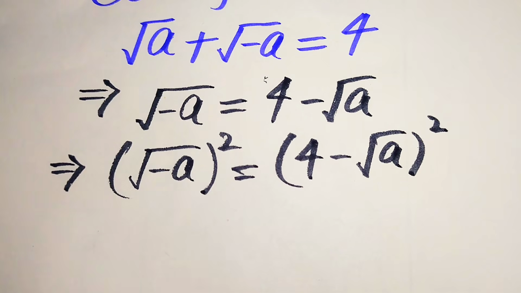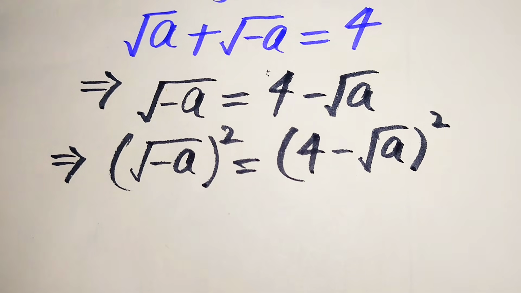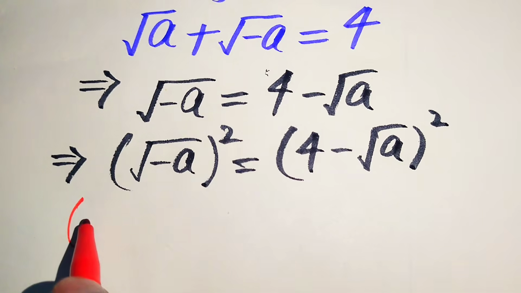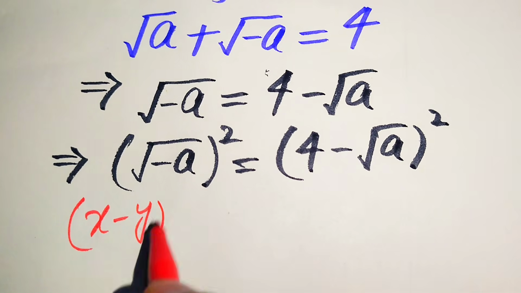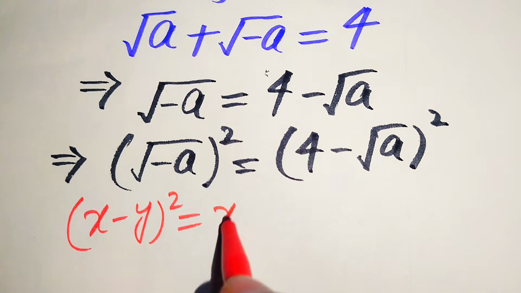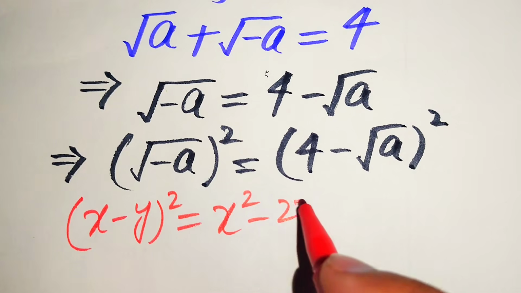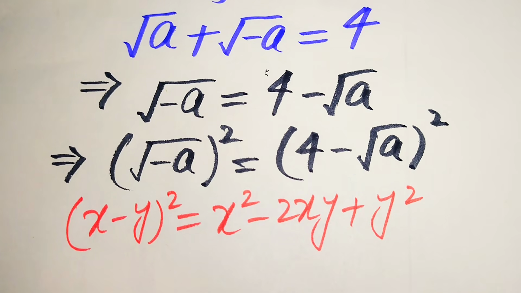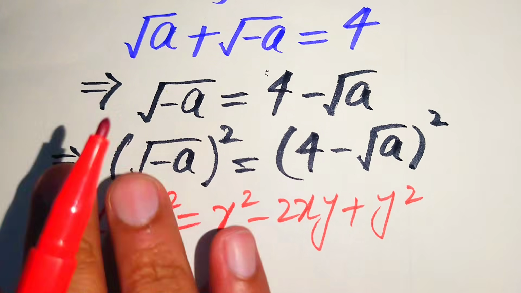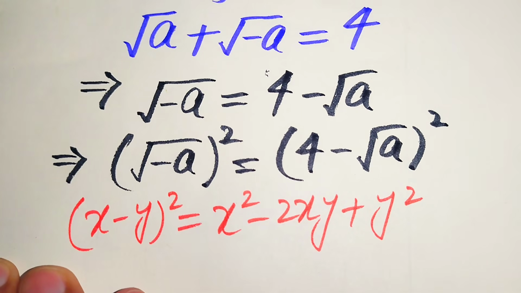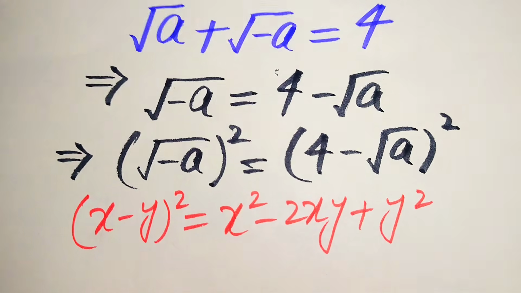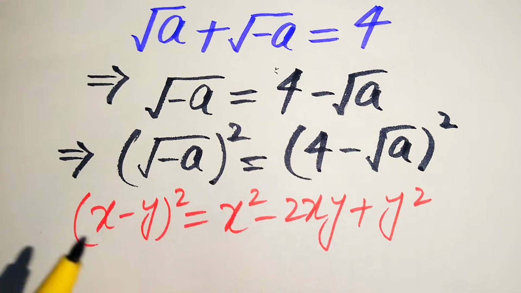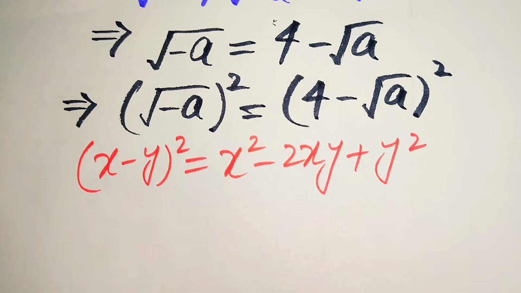And now in the next step we use the nice algebraic formula on the right hand side, and you know about that: if we have x minus y whole square, it equals x square minus 2 times xy plus y square. So according to this formula, we expand the right hand side of the above equation in this form.